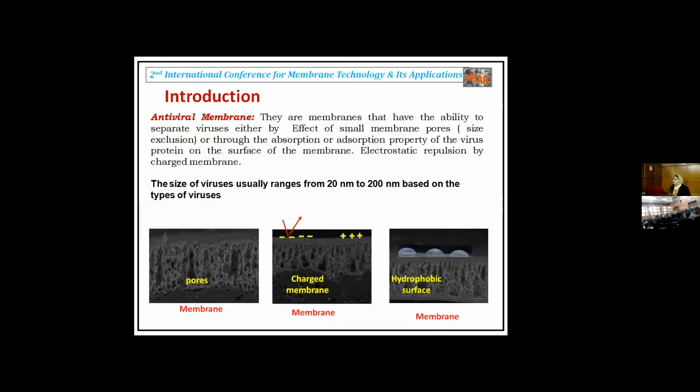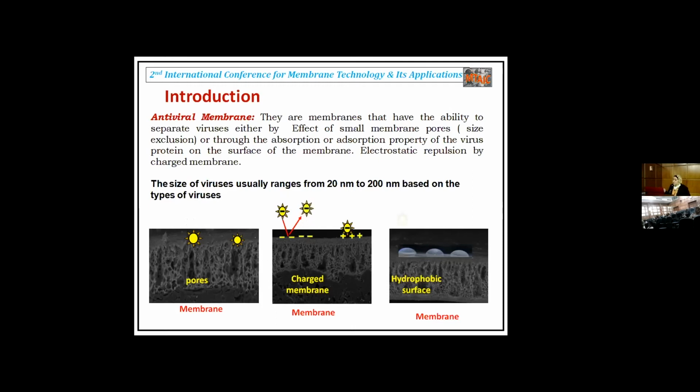They are membranes that have the ability to separate viruses either by the effect of small membrane pores, which works through a mechanism such as size exclusion, or through the adsorption or desorption of the protein of the virus on the surface of the membrane, or using a mechanism called electrostatic repulsion by a charged membrane.